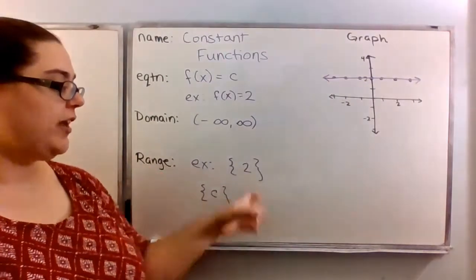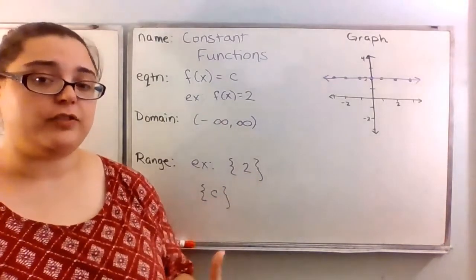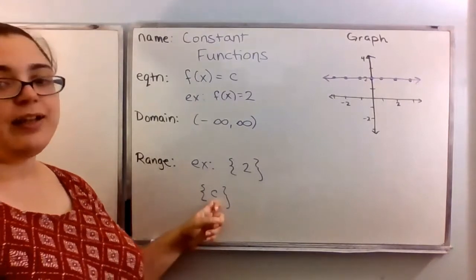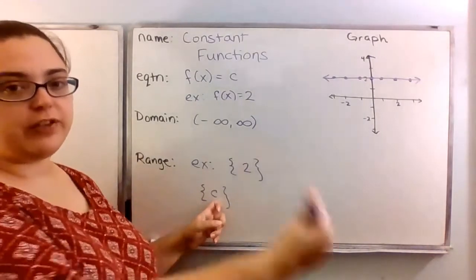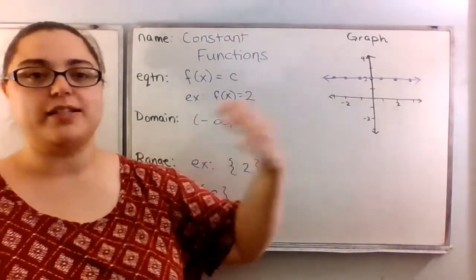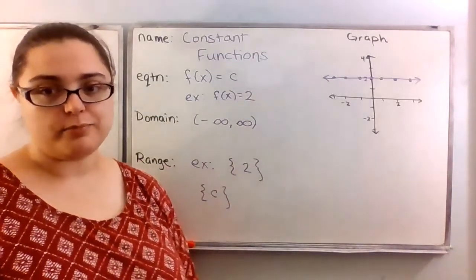In our specific case, our answer here was a 2. The general case, think of it kind of like a formula. The general case is going to be c. That doesn't mean if I give you a specific constant function, your answer is c. It means your answer is whatever the constant is.